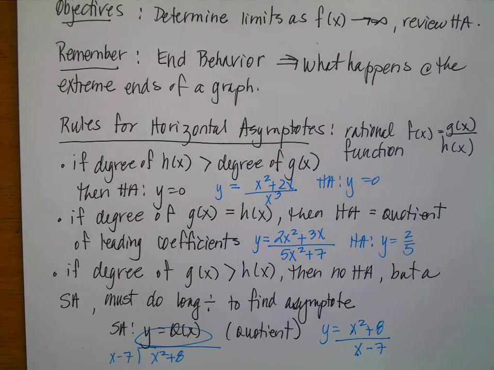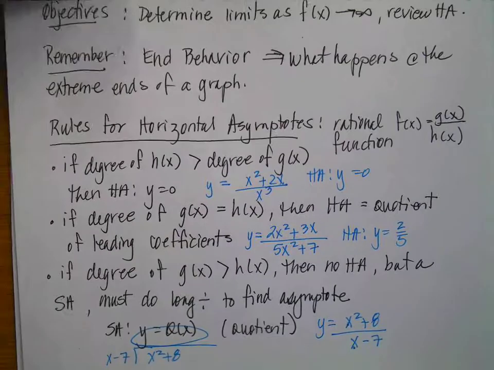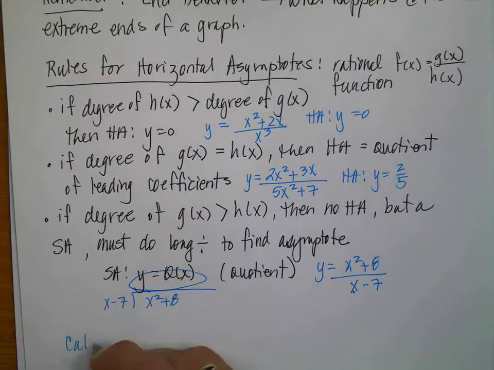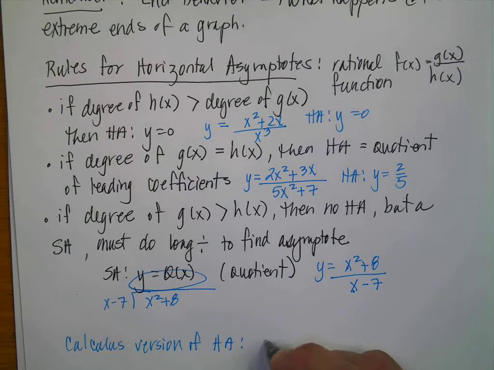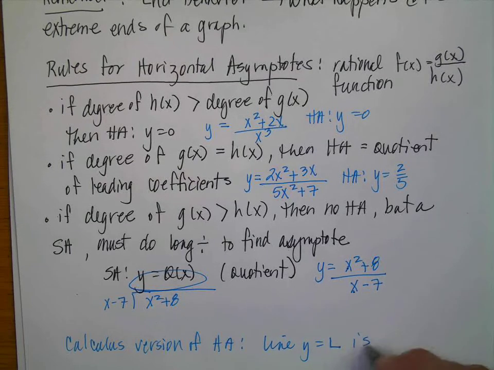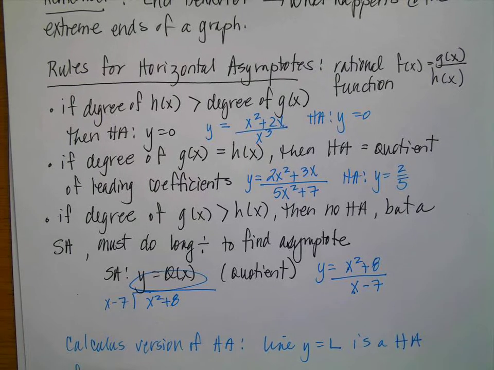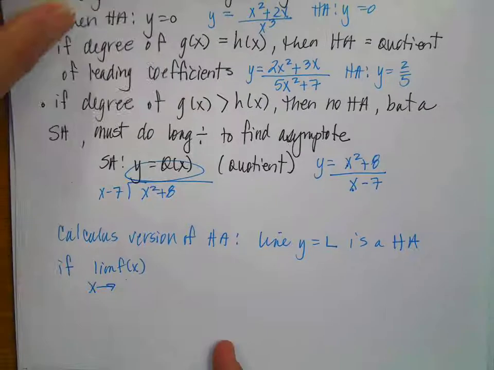All right, so if we want to talk about asymptotes from a calculus perspective, we talk about it as limits. So for the calculus, let me scoot it up so you can see, the calculus version of a horizontal asymptote would be that the line y is equal to L is a horizontal asymptote if the limit of the function as x approaches, sorry, you can't see that, that's a bummer.